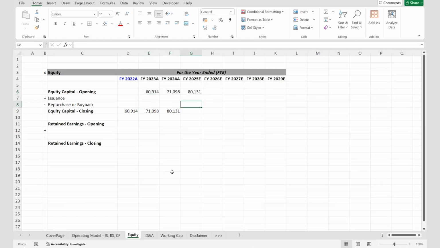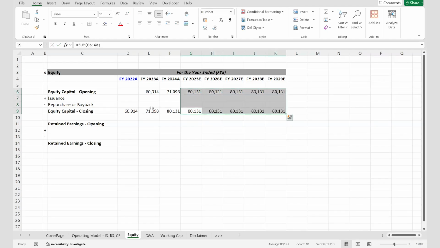Now, whatever plus minus, increment and decrement, we will look into that. So what I'm doing is a sum of opening balance, any issuance that can come in, and the buyback that I will do. So the summation will look like this, and we can drag it like this.